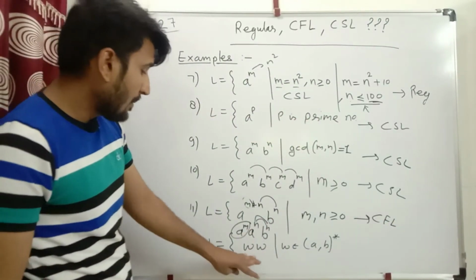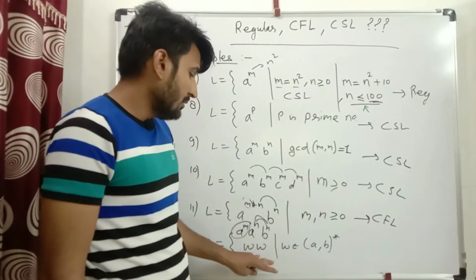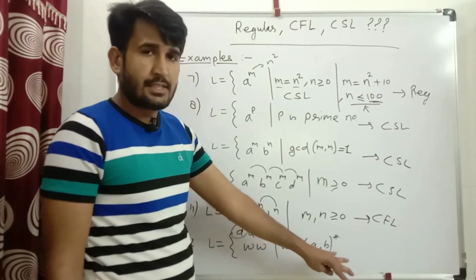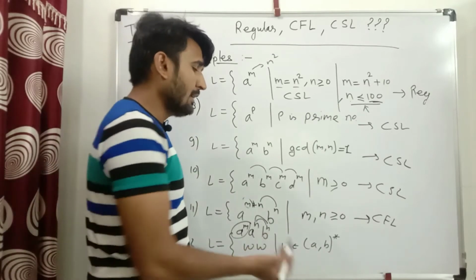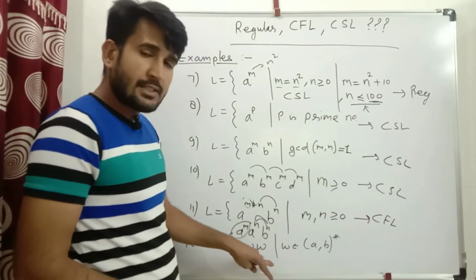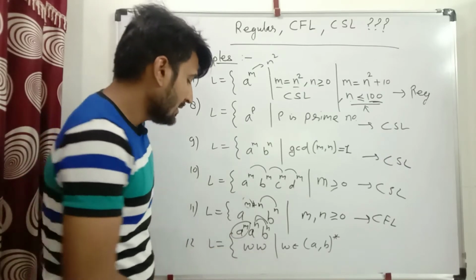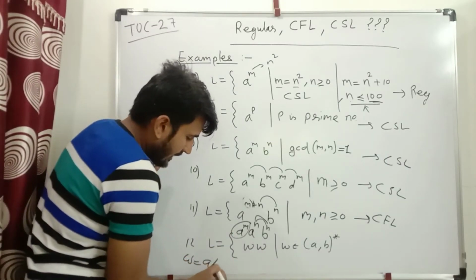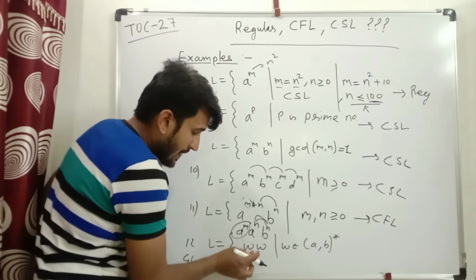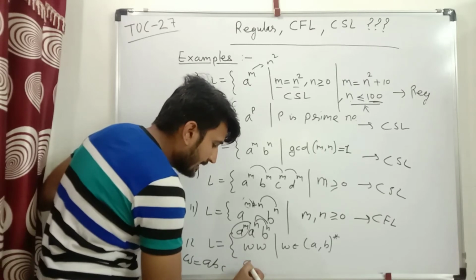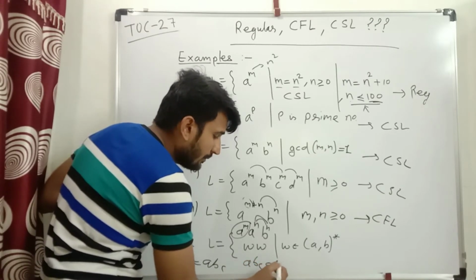Now take this: WW, where W belongs to (a comma b) whole star. What is WW? W is a given string, and it is written 2 times. For example, if W is ABC, there are 2 W, so it will be written as ABC, ABC.